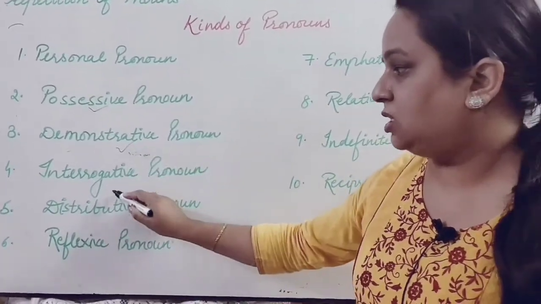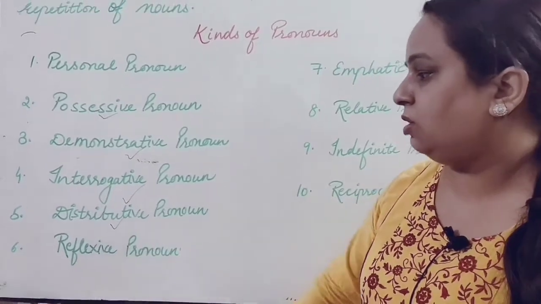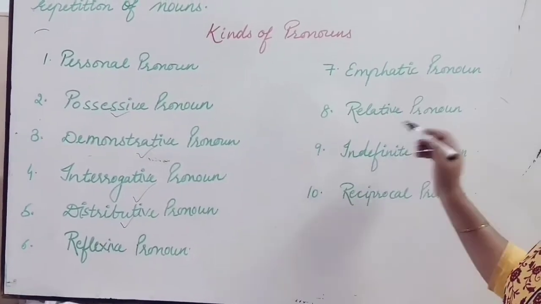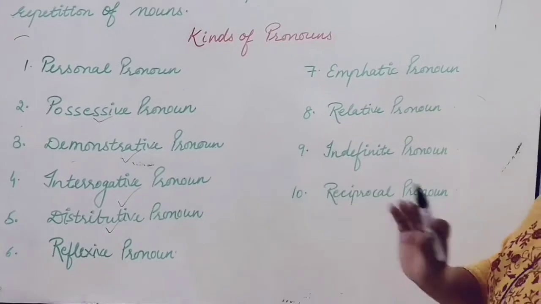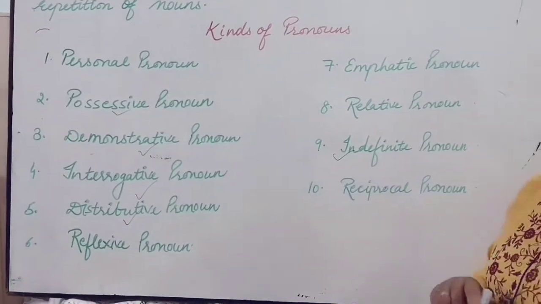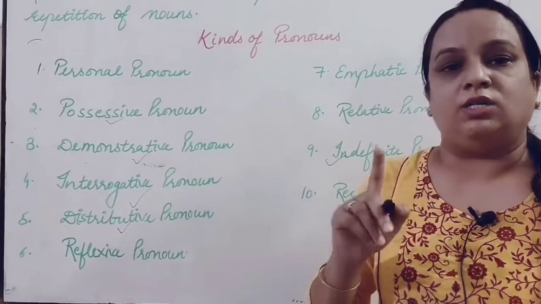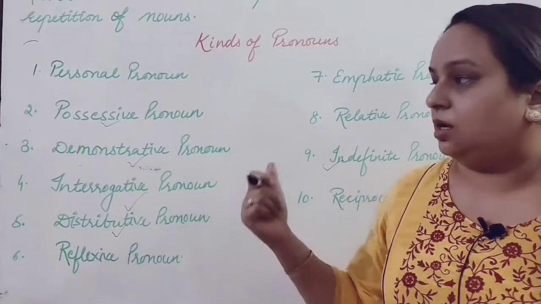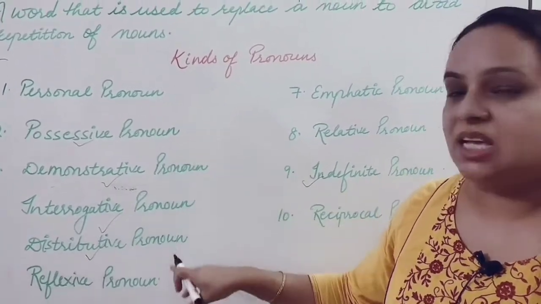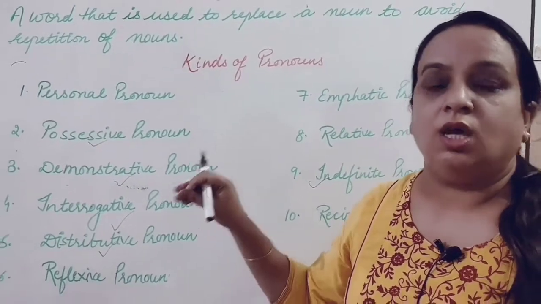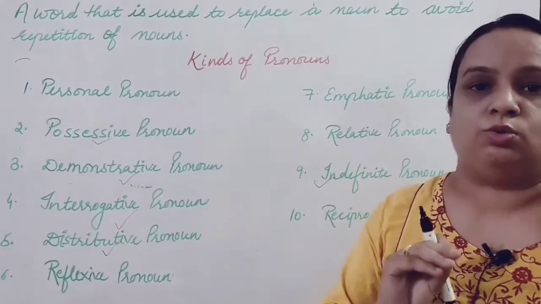Demonstrative we have done, interrogative we have done, distributive we have done, and indefinite also we have done for adjectives. But here these same names are given to pronouns too.